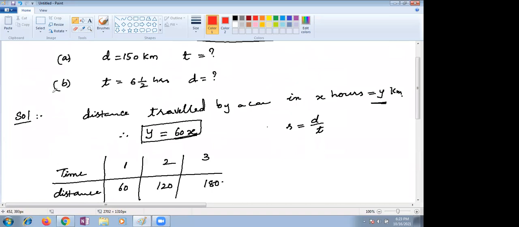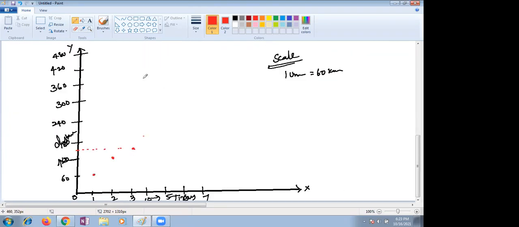Ma'am, it will be 390, which is between 360 and 420. So 6.5 means somewhere between 6 and 7, exactly at the half.